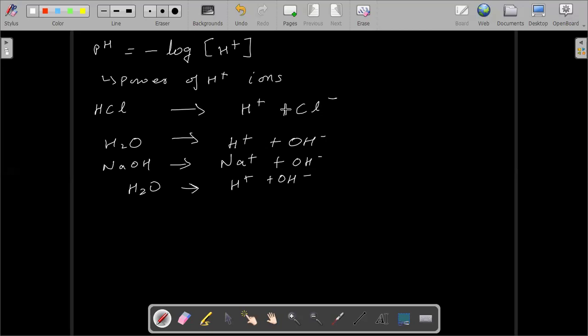Yes, sir. Okay. So now pH is represented as negative logarithm of hydrogen ion concentration. The value of pH ranges from 0 to 14. On a scale of 0 to 14, we can measure the pH.